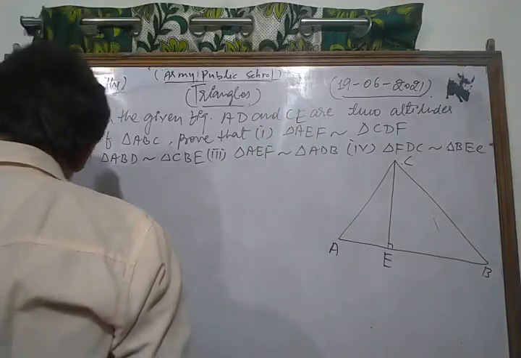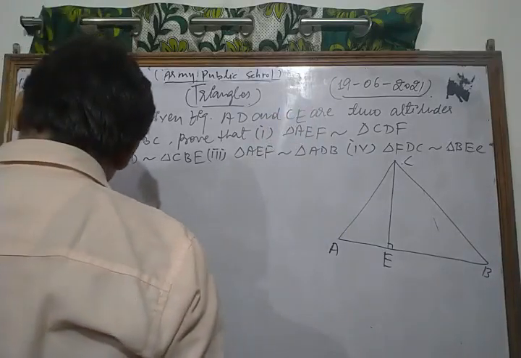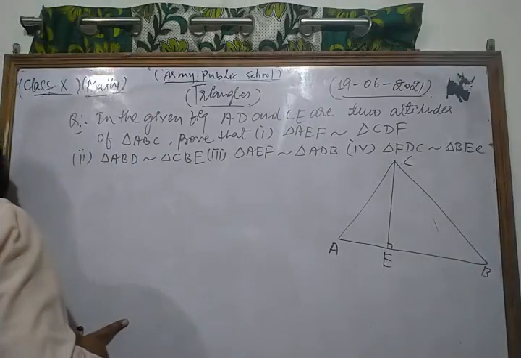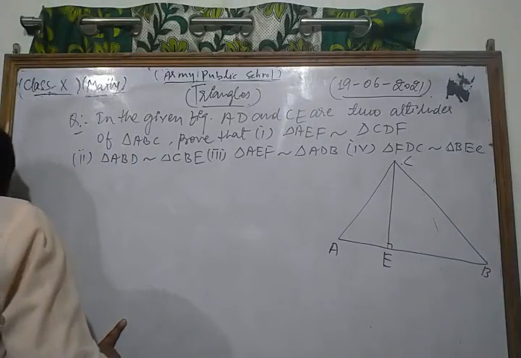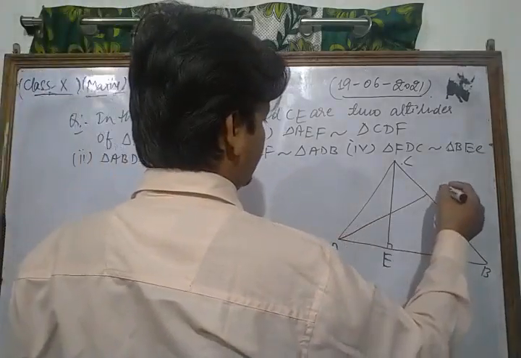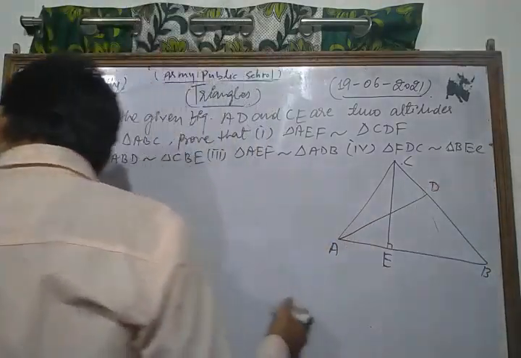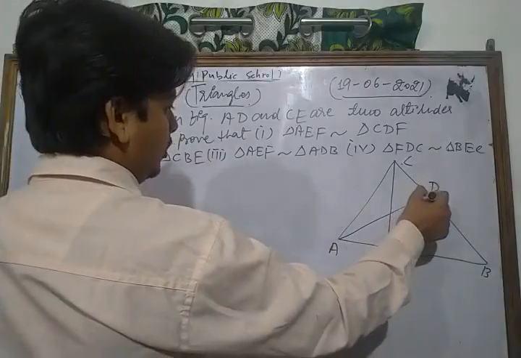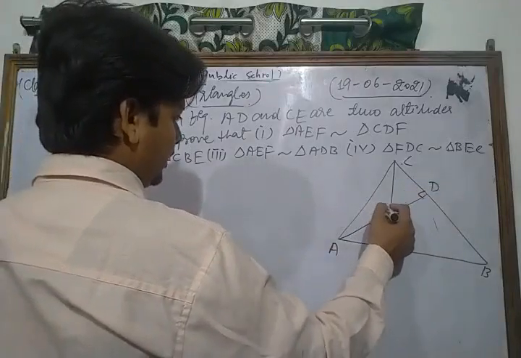Okay, CE and AD, and they intersect at point F.